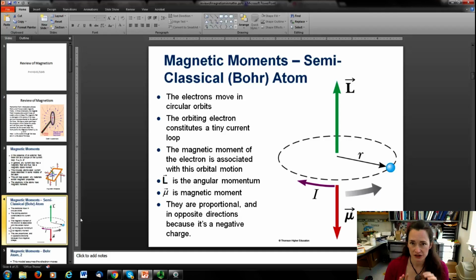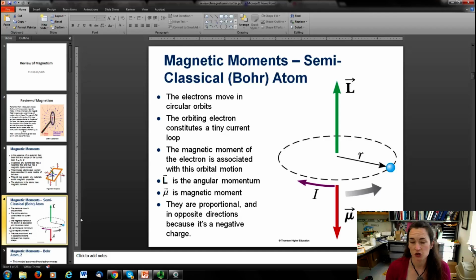Now, it turns out that this is one of the big things that Bohr was wrong about. They don't move in circular orbits. They move in crazy orbits all over the place. And it's really just sort of a probability distribution about where those electrons are going to be at any given time.